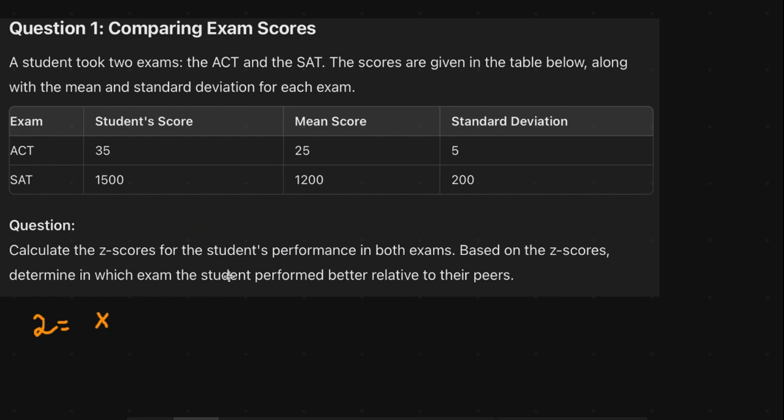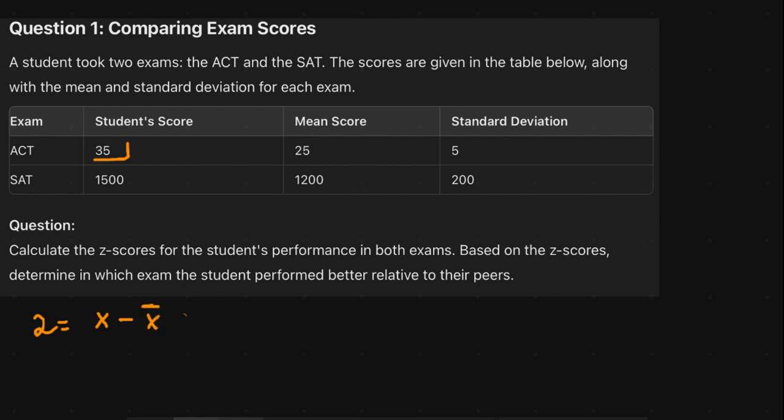In our case, the given value is 35, the student's score on the ACT. Then you want to subtract the mean score of this exam from the value that you are given. In this case, our mean score is 25. Let me write this formula in general.